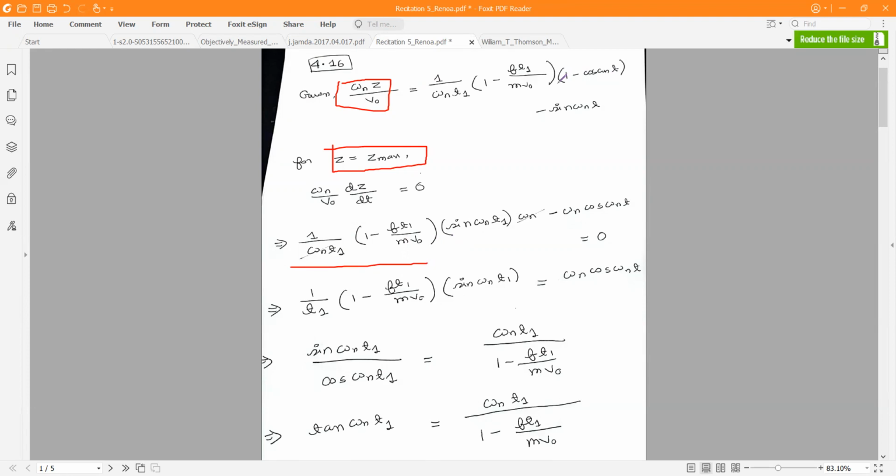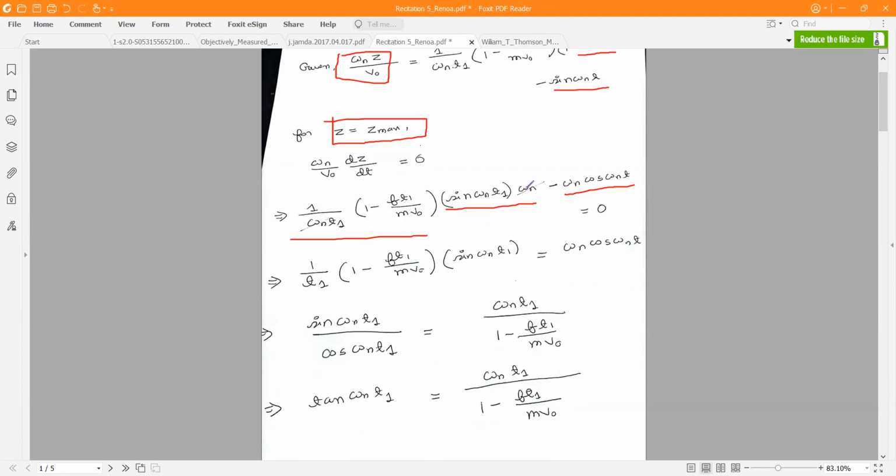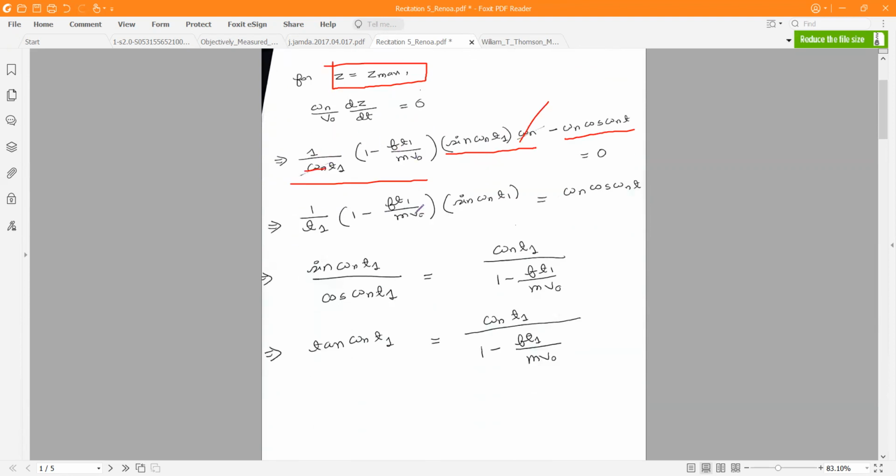Differentiating 1 will give us 0, minus cos omega n t will be omega n sine omega n t, and sine omega n t would be omega n cos omega n t. Now this omega n gets cancelled, so we can write 1 over t1 multiplied by 1 minus F t1 over m v naught sine omega n t1, and I'm just going to take this term to the other side, so we have it equal to omega n cos omega n t.